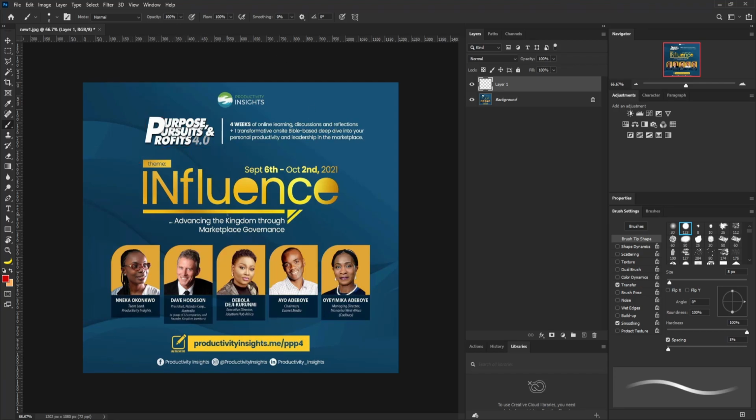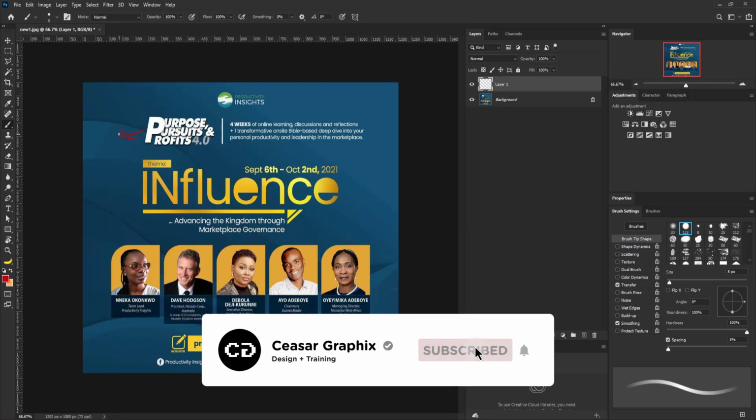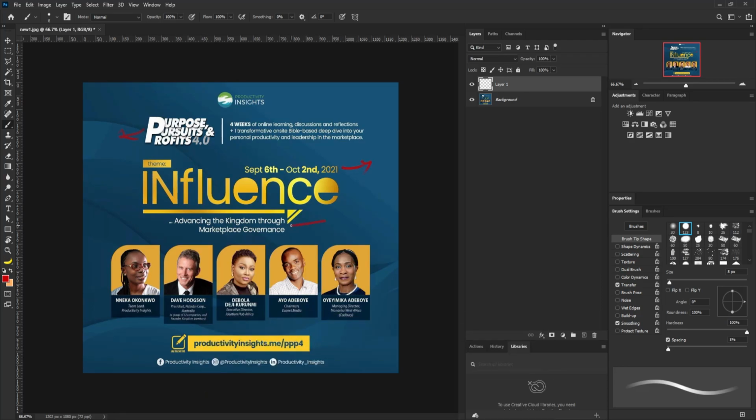The other thing I notice again is the alignment of the information on the project. Now I want you guys to count the different types of alignment we have here. This is facing left. This is facing left. Now this is facing right. This is also facing right. The information here is all at the center.